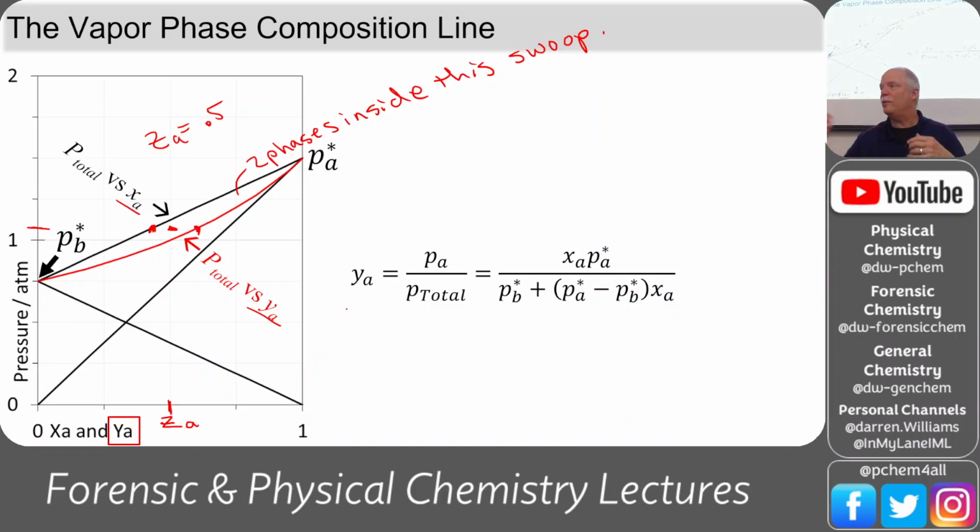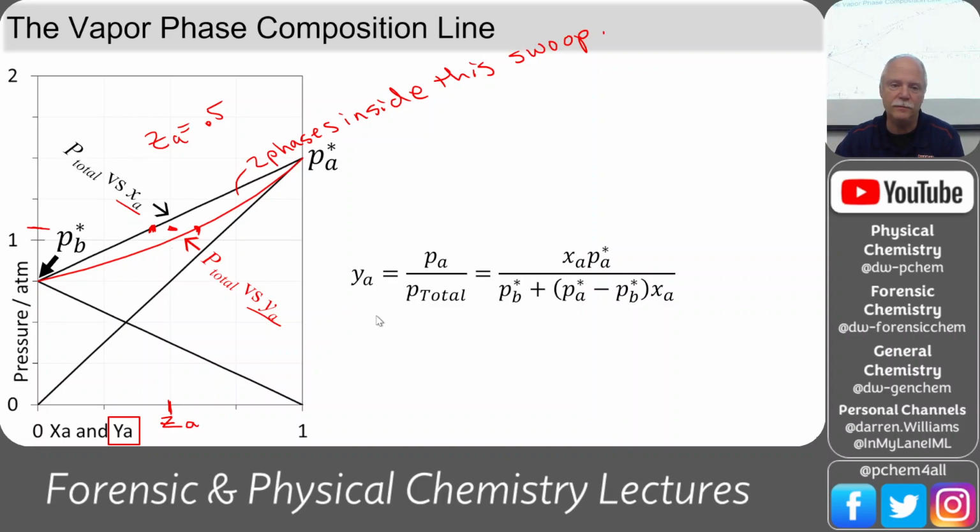A has a higher vapor pressure. So the vapor phase should be enriched in A. It's the more volatile thing. And because A went to the vapor phase in a higher abundance, the liquid phase is depleted in A. So it's at 45%. So the more volatile substance evaporates more, okay, in these mixtures.